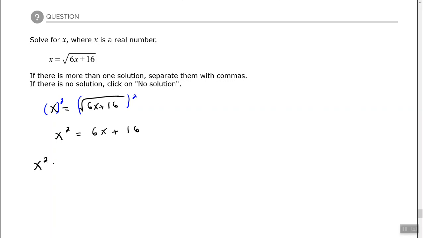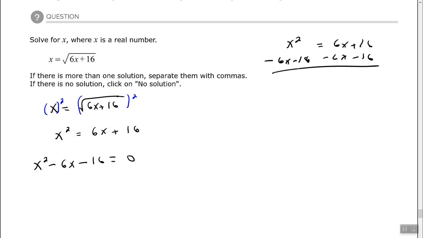So I would have x squared minus 6x minus 16, and since I subtracted everything away, that'll be equal to 0. So x squared minus 6x minus 16 equals 0.